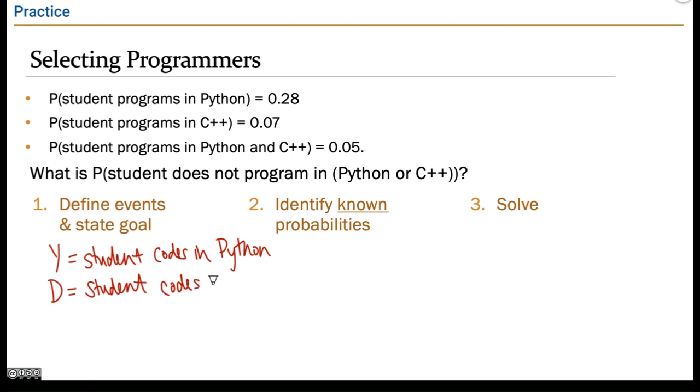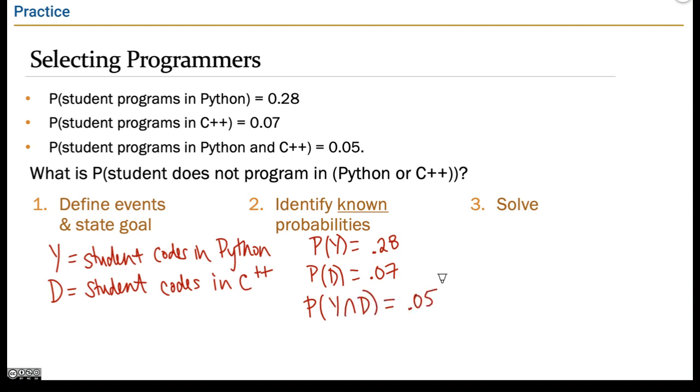So just keeping in mind what variables we might need. All right, so those are my two events. And then I want to think about the known probabilities. So I do know the probability of Y is 0.28. I know the probability of D is 0.07. I know the probability of their intersection, Y and D, is 0.05.